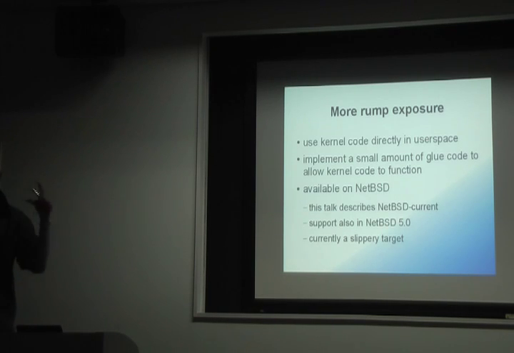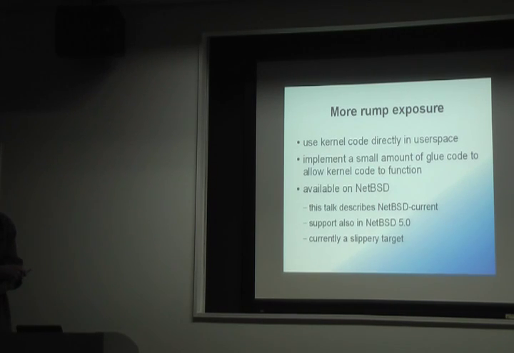But basically you need to get memory from somewhere to be able to allocate it. And this glue code maps the request to allocate a page to mmap of anonymous memory and so forth.